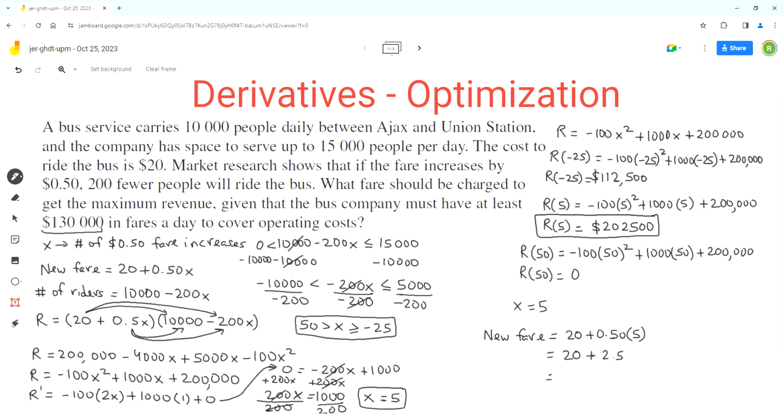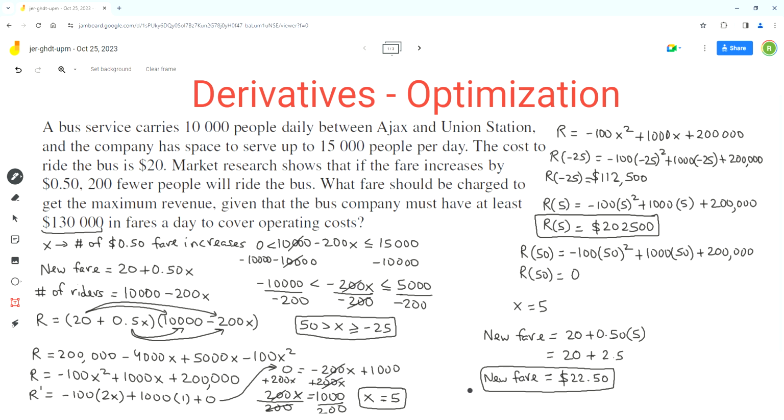So the new fare should be $22.50. So the company should charge $22.50 to maximize revenue. So this should be the final answer for this problem.